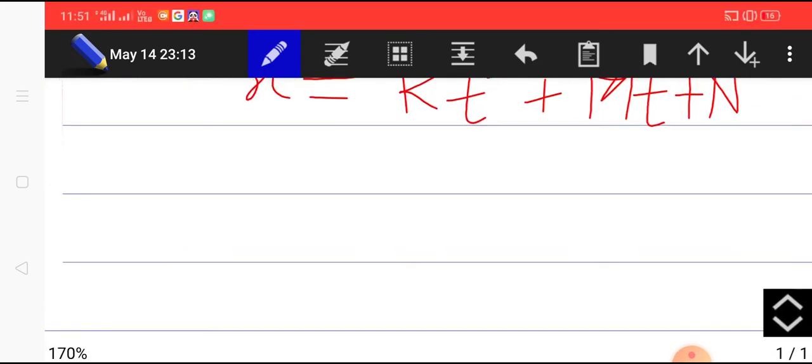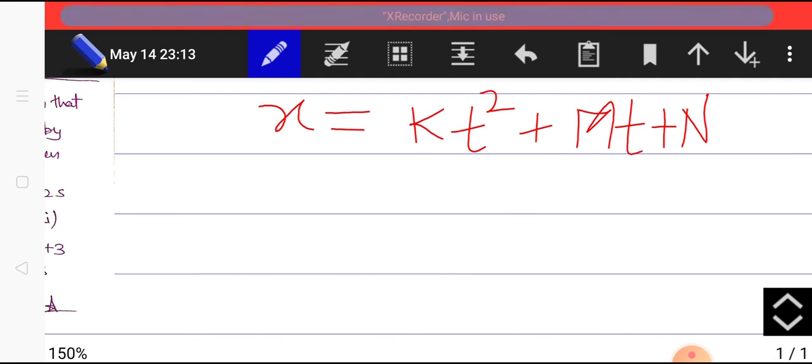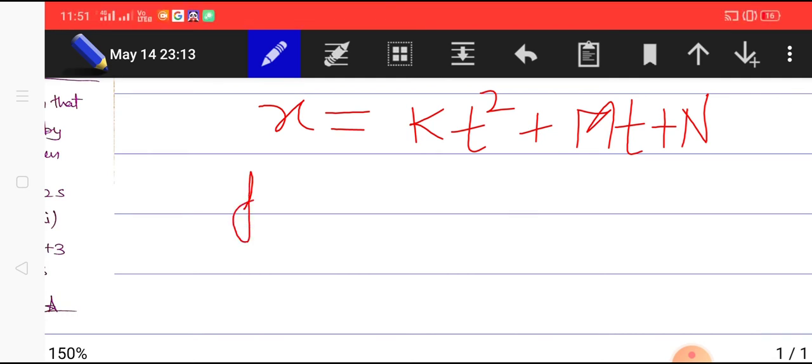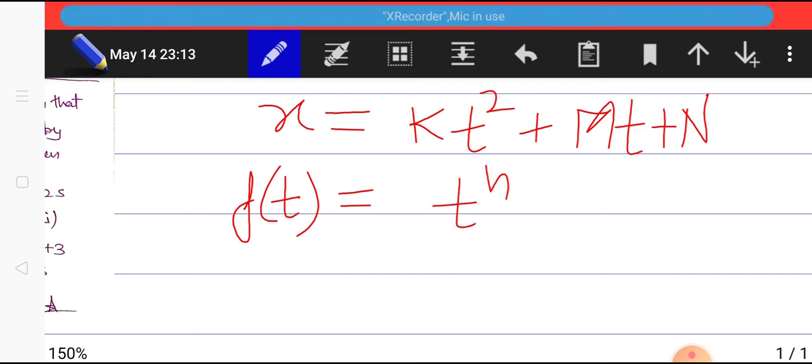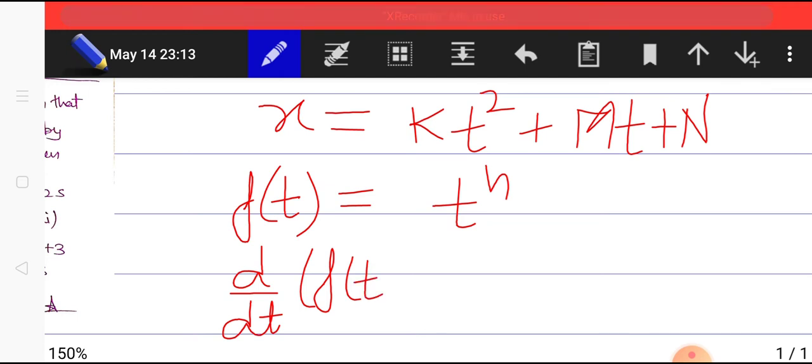So you need to learn this formula by heart, that if you are differentiating some function of t, for example f of t is equal to t raised to power n, then the differentiation of f of t, that is d by dt of f of t is equal to n t raised to power n minus 1.